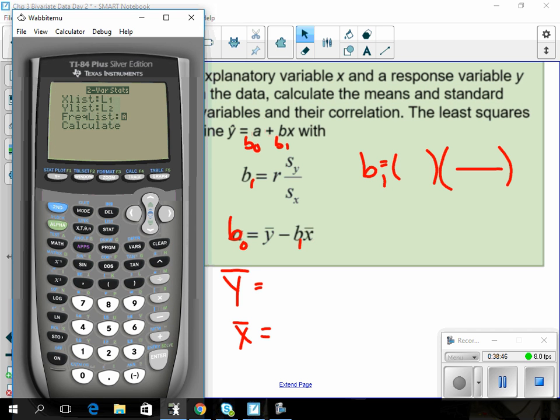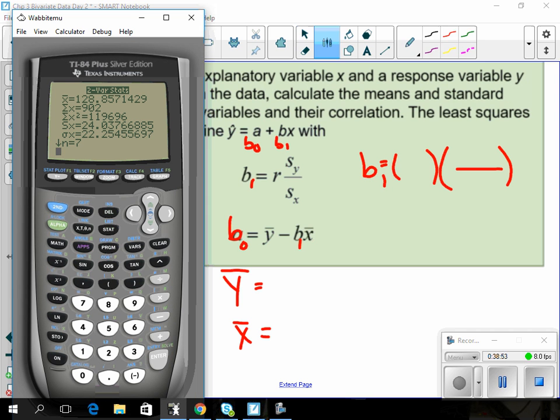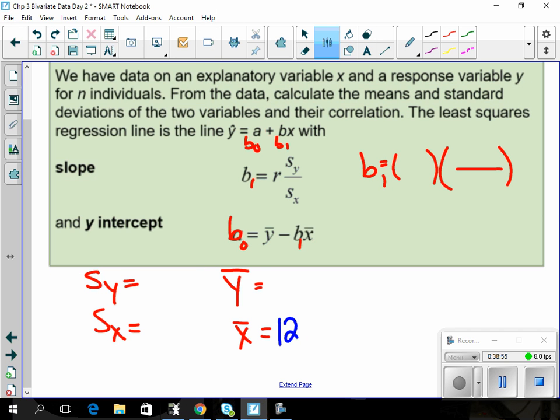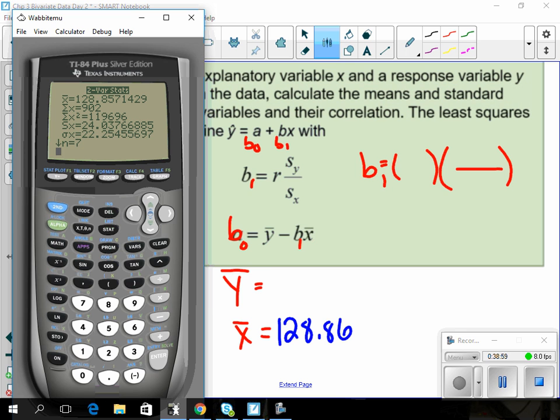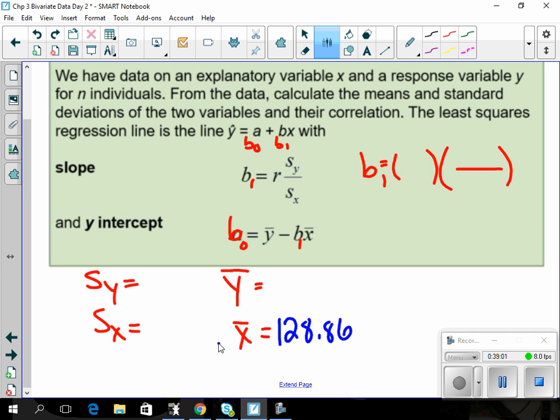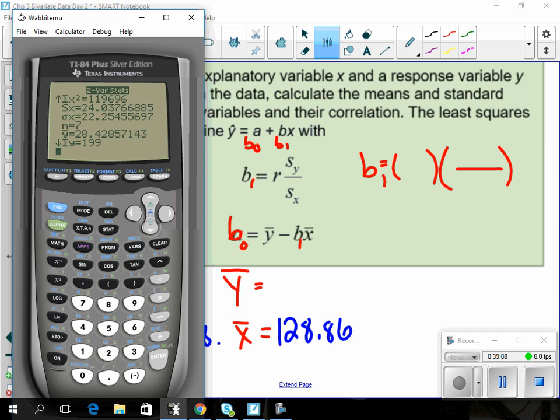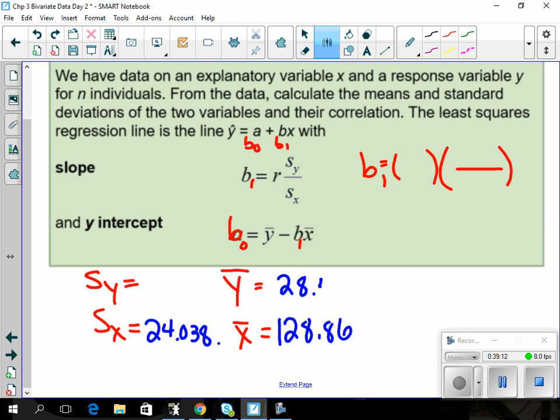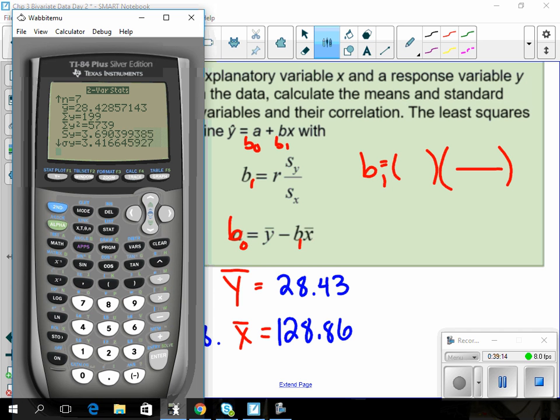We're going to get our x's in list 1 and our y's in list 2. It gives us our x bar of 128.86 and our Sx as 24.038. Then we do the same thing if we scroll down to y. y bar is 28.43, and our Sy is 3.69.